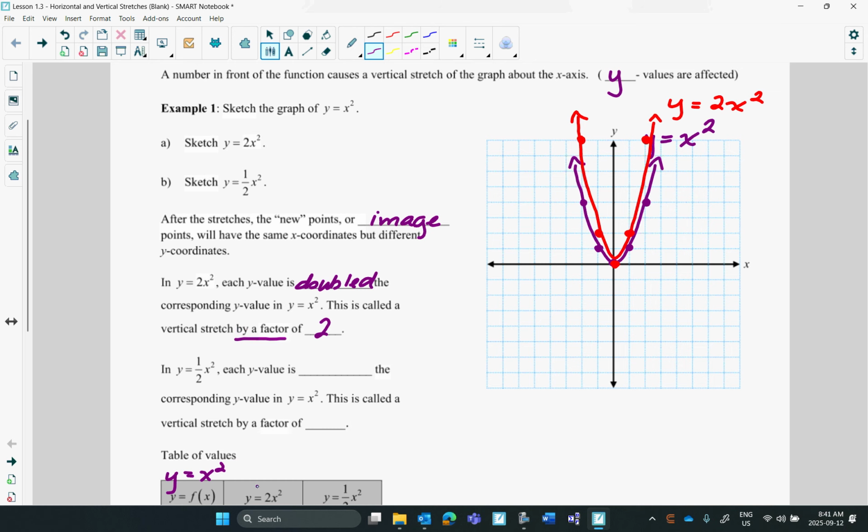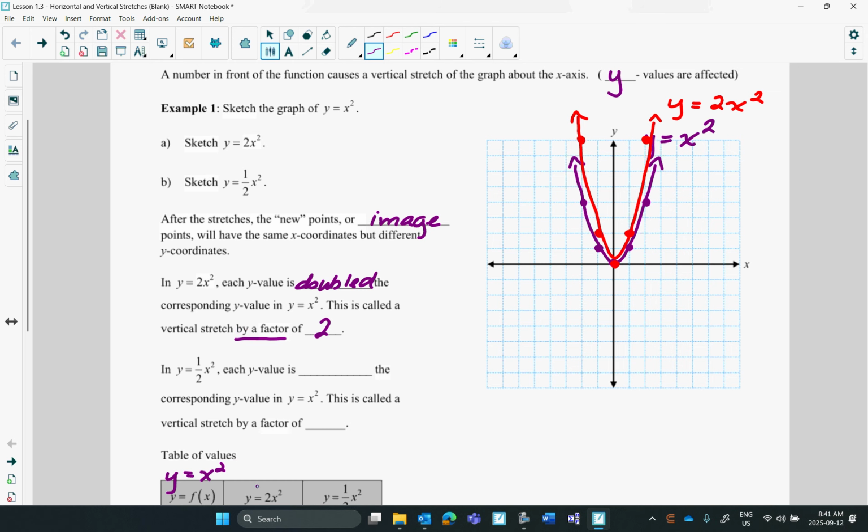So when we talked about shifts, we say shift 2 left, shift 3 up. When we talk about vertical stretches, we say vertical stretch by a factor of 2. So we don't say vertical stretch 2 or vertical stretch 2 up. We don't say things like that. So make sure you get your wording right.